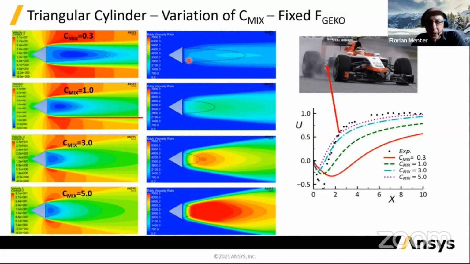And if you look at a line here in the symmetry plane behind the body, and you look at the velocity u, you can see that the default, of course, is far off the recovery of the flow that we see in the DNS or in the experiment. And then if we increase the mixing coefficient, we can get a much better agreement. We don't capture all the details. The separation depth is underestimated if we do that.